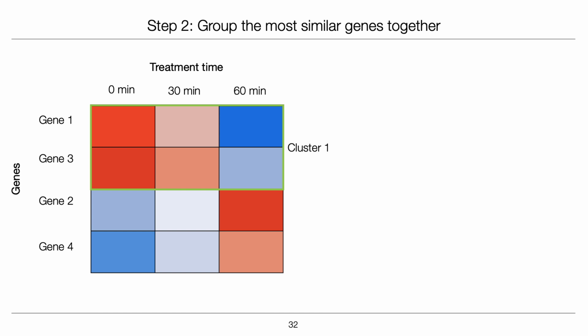So we group the two genes with the most similar expression patterns together to form cluster 1. Note, we have swapped the rows for gene 2 and gene 3 so that we can place gene 3 right below gene 1 to form cluster 1. Now we repeat the process while treating cluster 1 as a single entity.